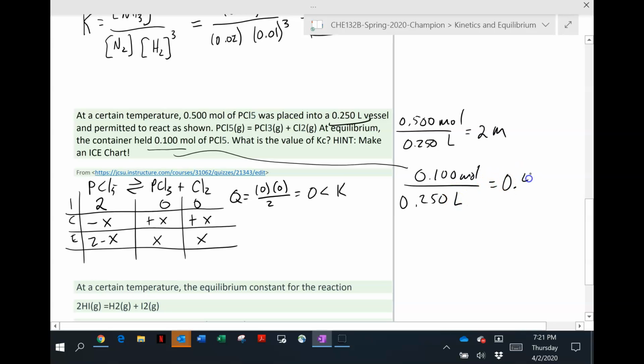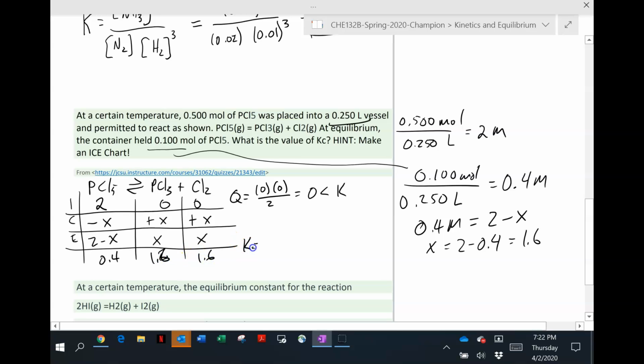That is a 0.40 molar. And we know that that 0.4 molar there is equal to that 2 minus X. So X is equal to 2 minus 0.4, that's 1.6. So that means this is 0.4, this is 1.6, and this is 1.6.